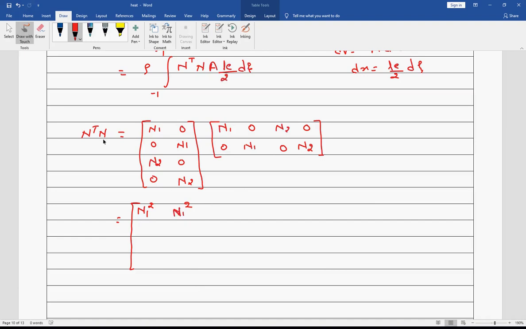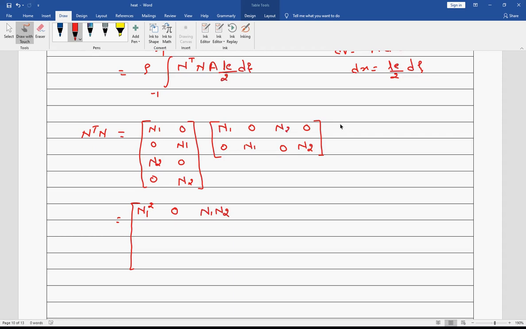Oh, sorry, I just made a mistake. I have to keep on changing the column. So first row into first column is N1 square, and N1 into this gives 0. First row into third column, I will get N1 N2.